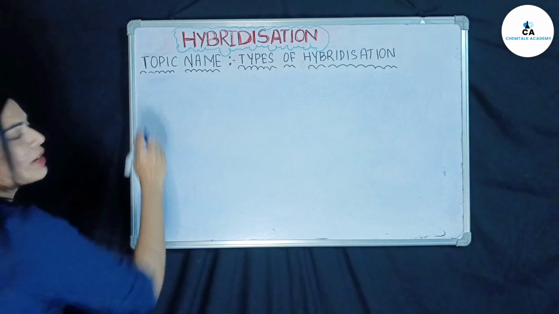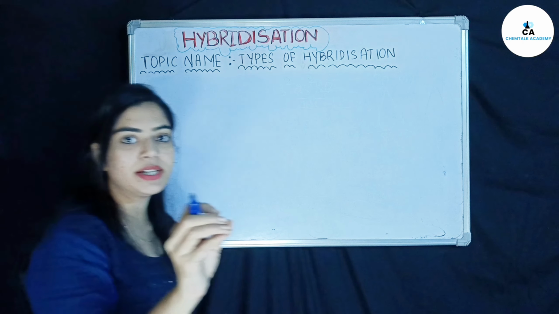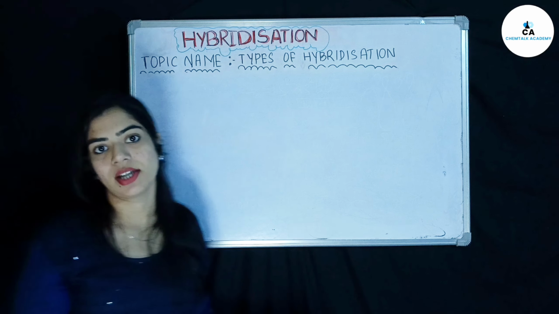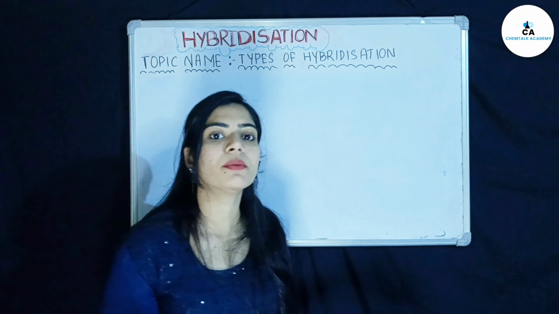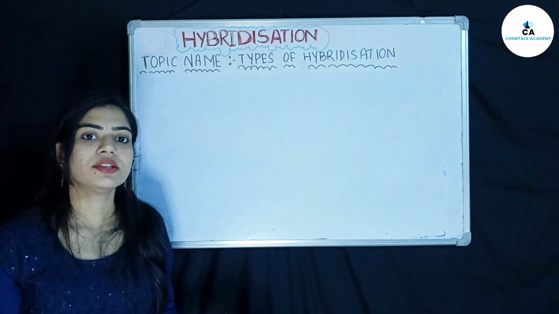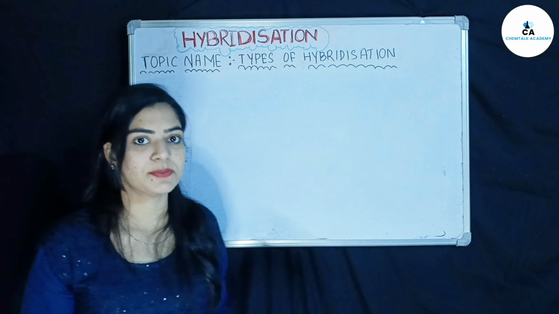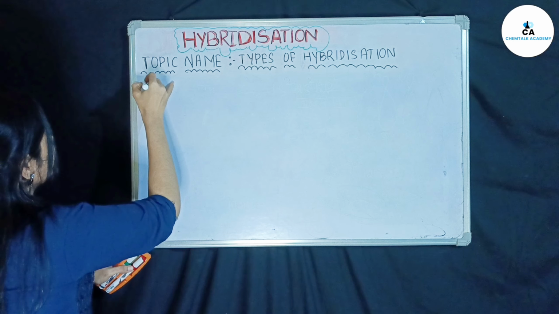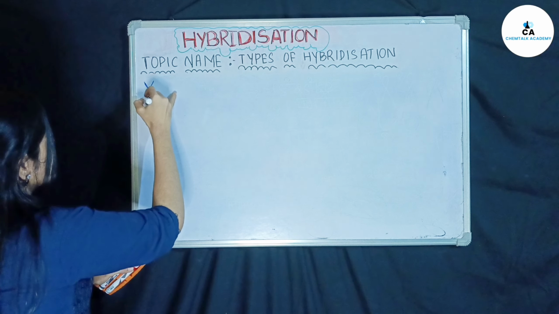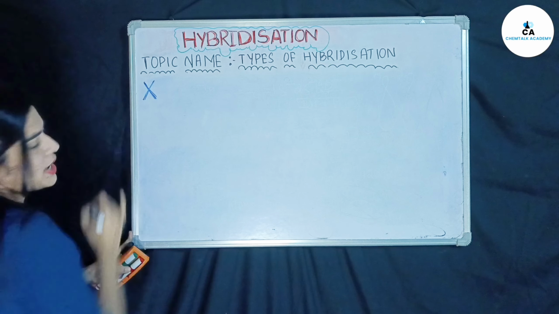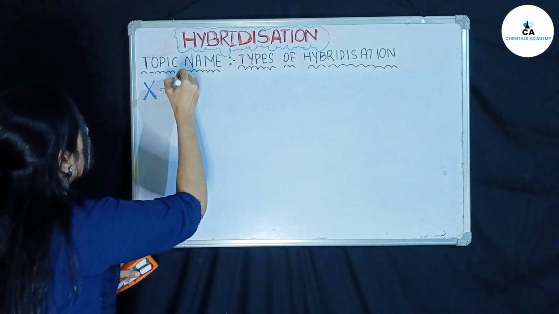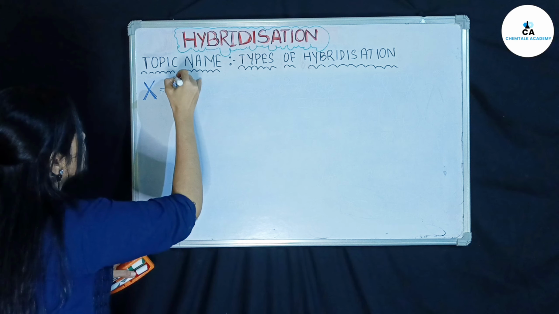We will find the number of hybrid orbitals obtained. Once we find the number of hybrid orbitals, we can find the hybridization, because if the hybrid orbitals obtained is 2, then the hybridization will obviously be sp. Let the number of hybrid orbitals be denoted as x. The formula is x equals to half.